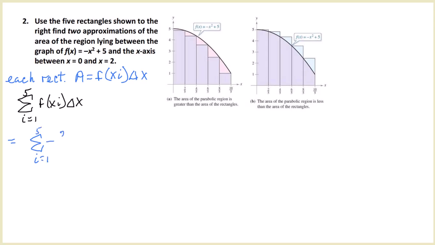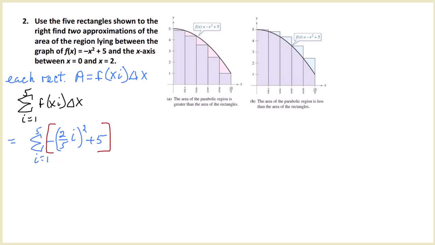Well, what does that translate to for this problem? Notice inside the parentheses, we're going from 1 to 5 in our summation. i is starting at 1. So when i is 1, we're using 2/5, the right endpoint.